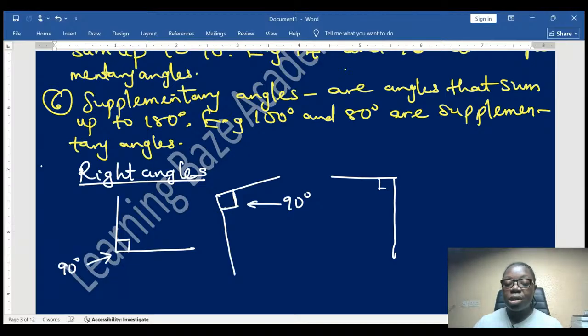As long as you see this box symbol at the corner, it is angle 90 degrees. Sometimes it can be turned upside down or bent to anywhere. They are all angle 90 degrees.